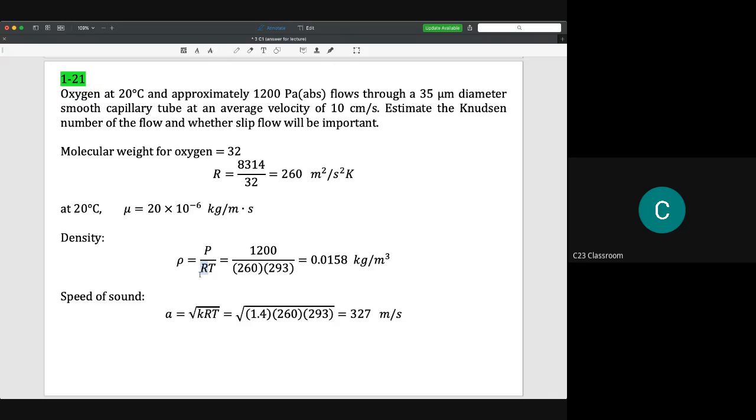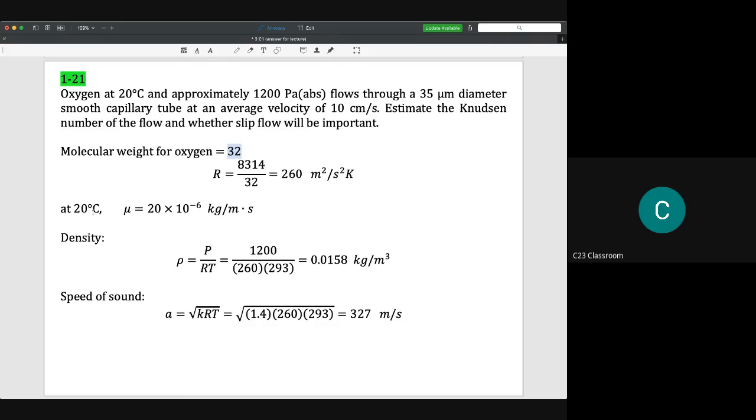As I said, the value of R here is not 287, because 287 is actually the specific gas constant for atmospheric gas. For oxygen alone, because the molecular weight is 32, we need to calculate using this equation, 8,314 over 32, and you will get around 260.